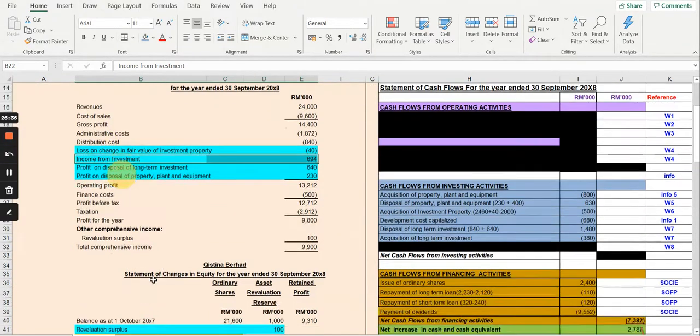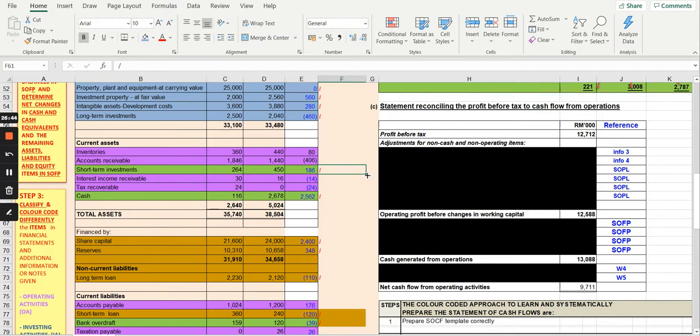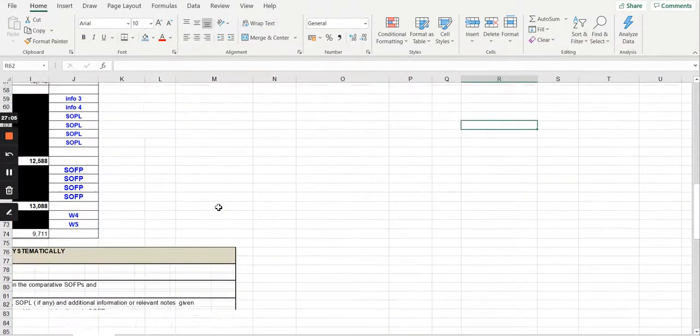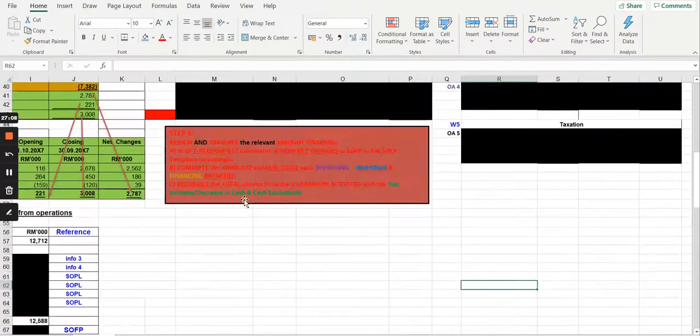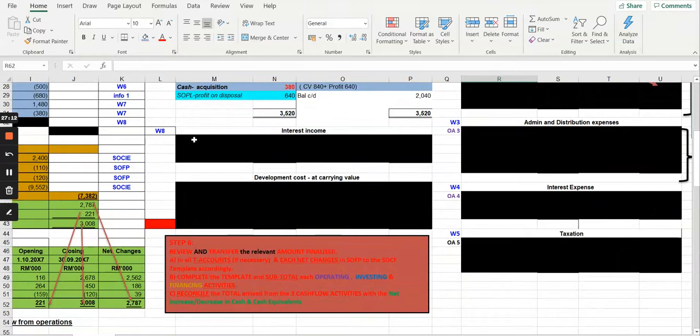So income from investment, go and check if you have any income receivable. Yes, you do have. You can see the section there, interest income receivable. You need to take it out and copy and put them in your income from investment account to arrive at how much is cash received from the investment income, the cash dividend that you receive, or the interest income.